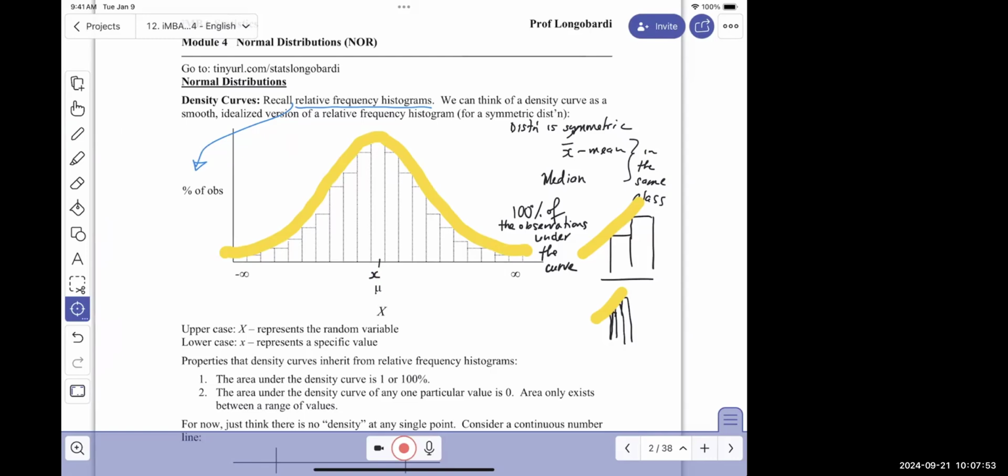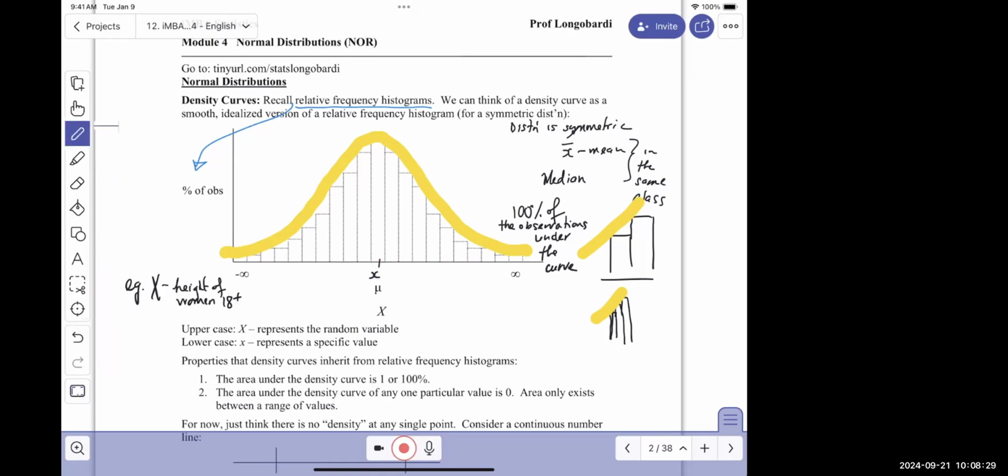I use the example, throughout this module, of the height of women. So capital X represents the random variable height of women, but the little x represents the value along here.